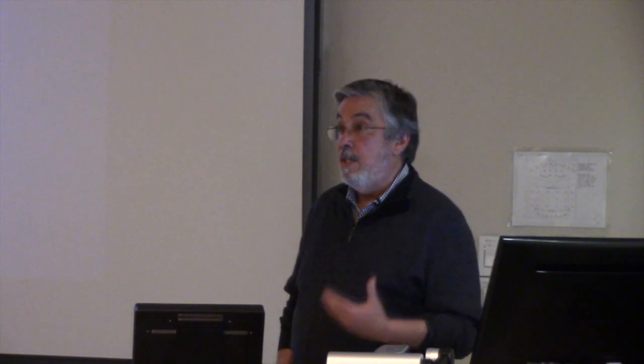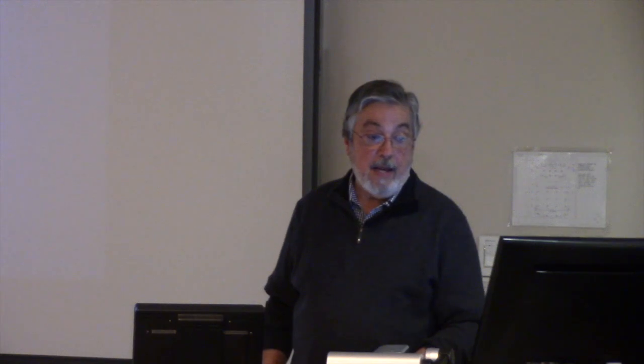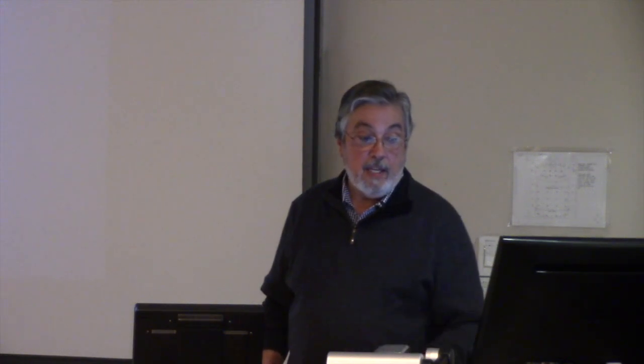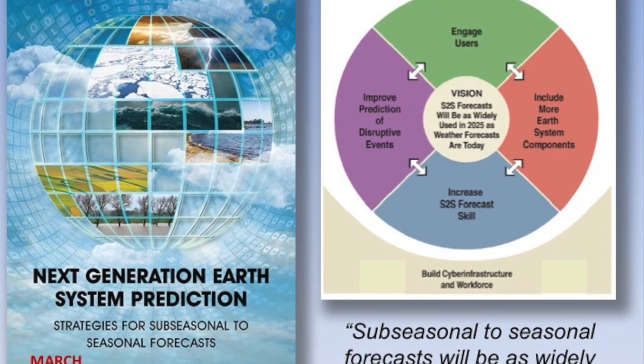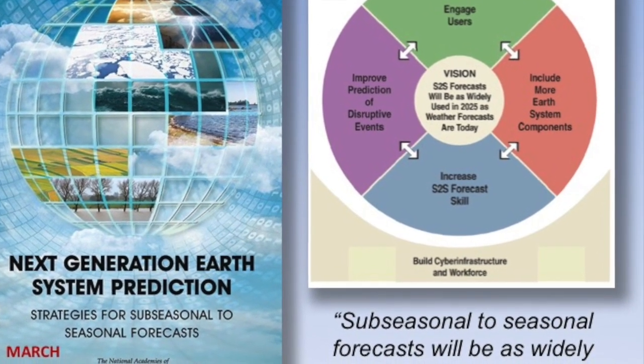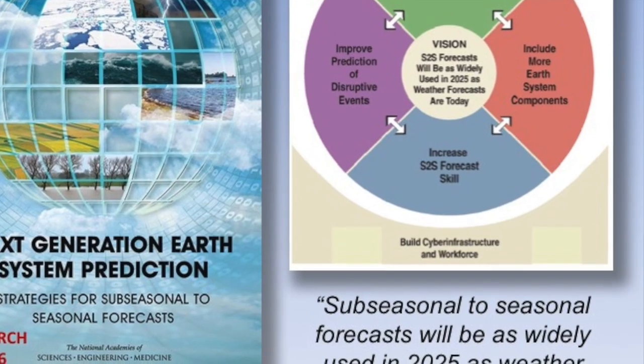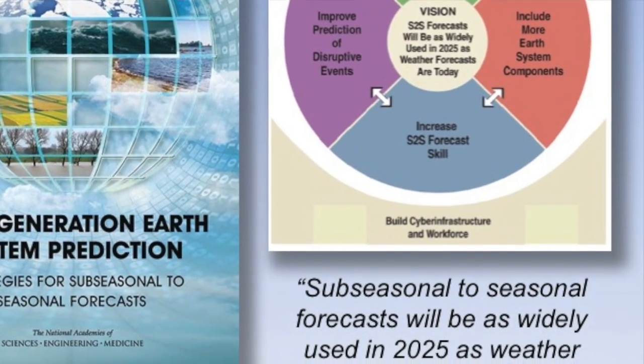So the forecasting now is improving radically. This is a paper that came out in the National Academy of Sciences, where the statement was that subseasonal to seasonal forecasting will become as common as weather forecasts are today.